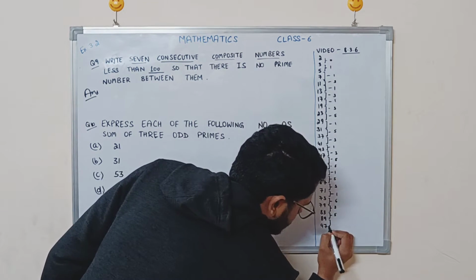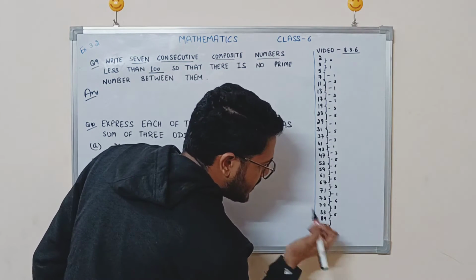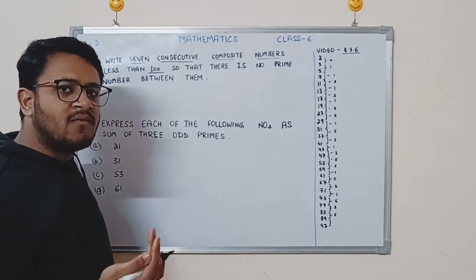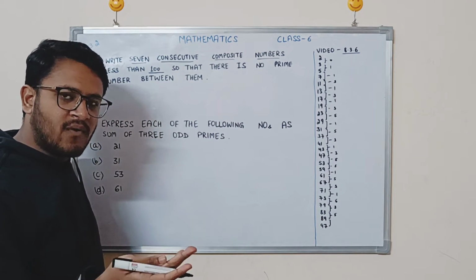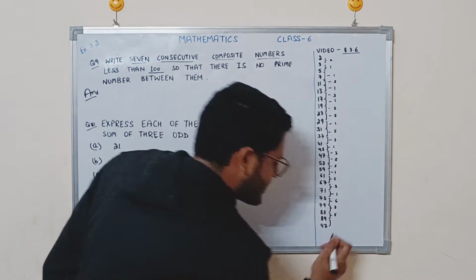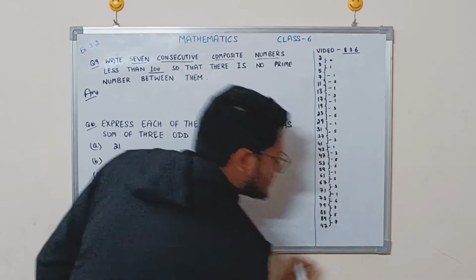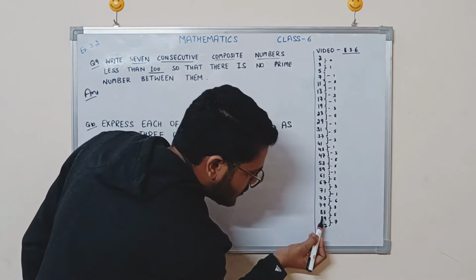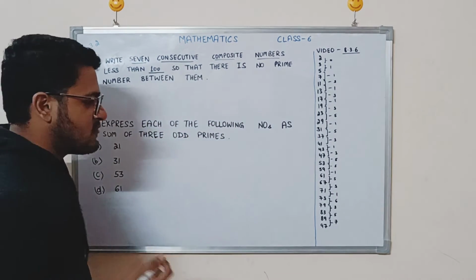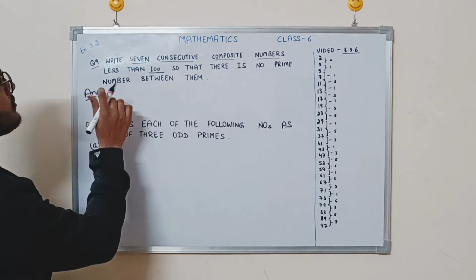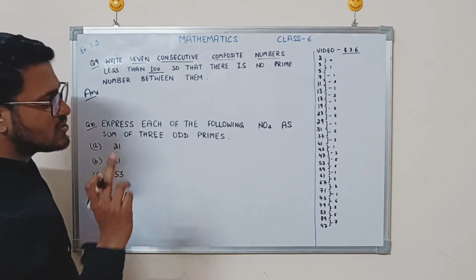And now the last, 89 to 97: 90, 91, 92, 93, 94, 95 and 96. Yes, we have 7 composite numbers between 89 and 97. So we have to write those numbers.